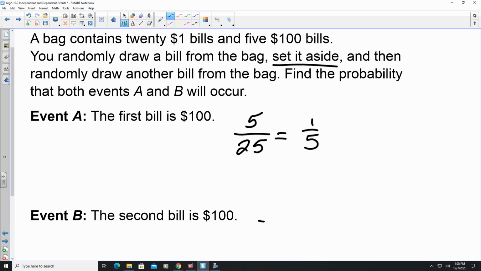So how many bills are in the bag? Well, once one was taken out, there are 24 now. And since one $100 bill was already taken out of the bag, there's not 5, but there are 4 remaining. So you have a 4 in 24 chance of the second one being a $100 bill, and that is a 1/6 chance.